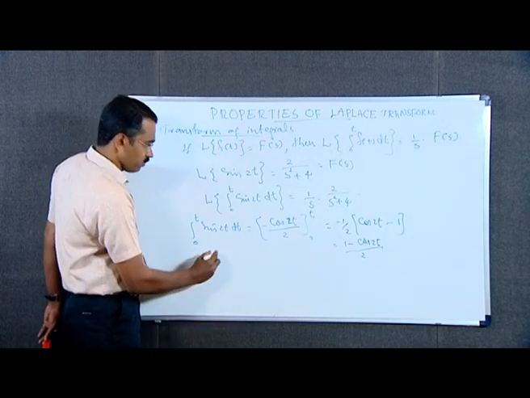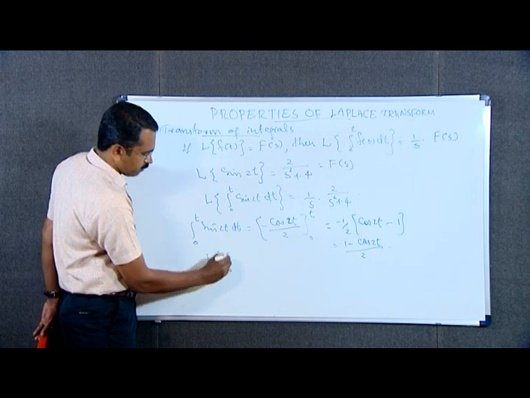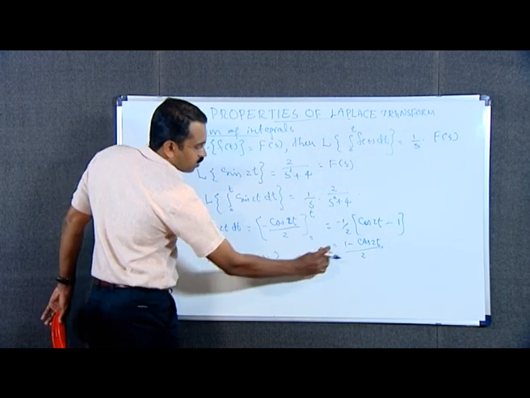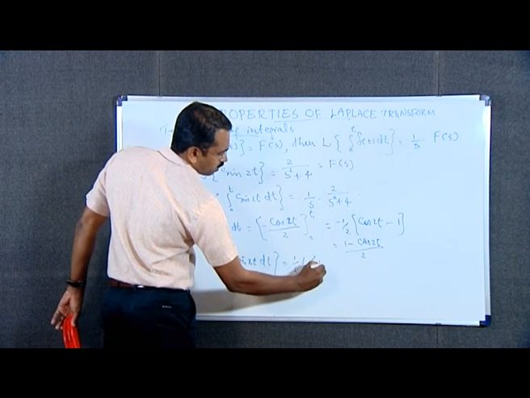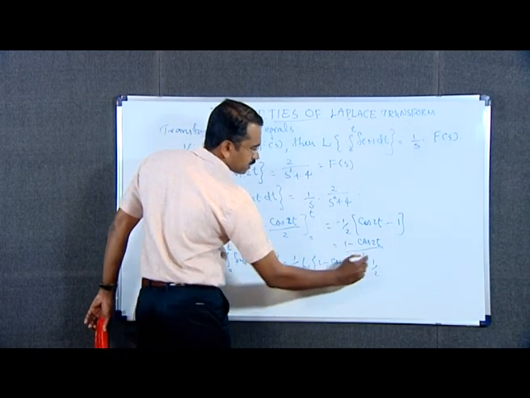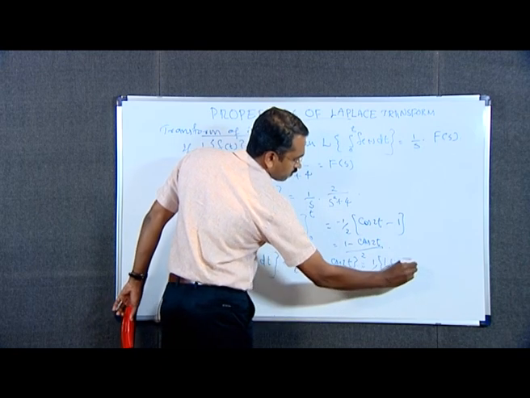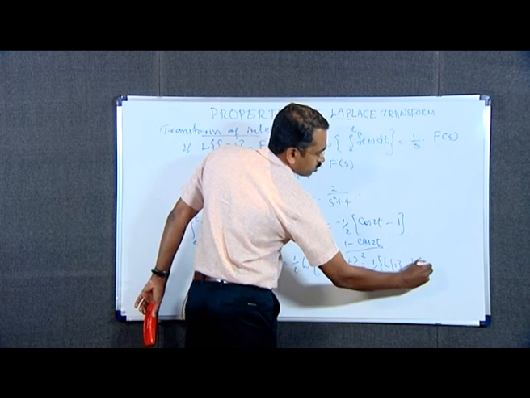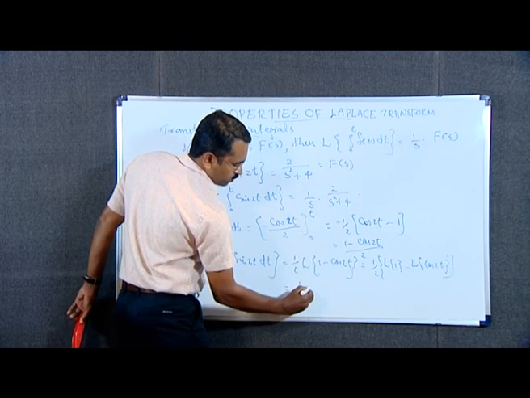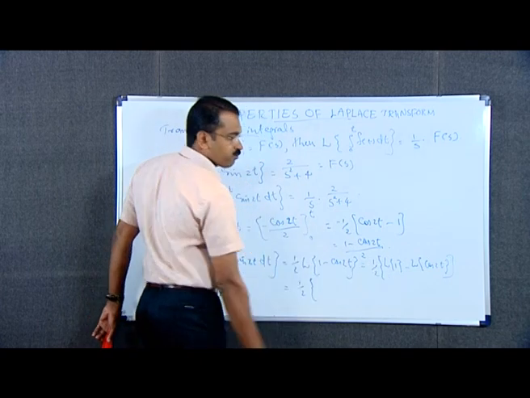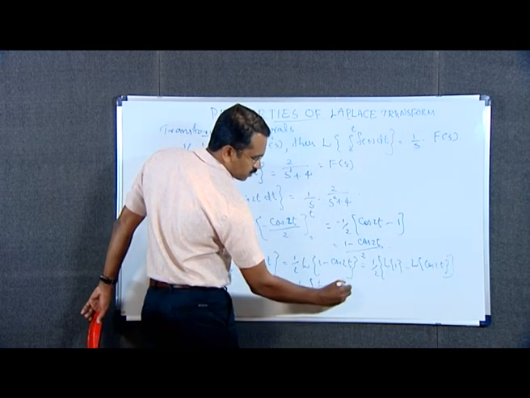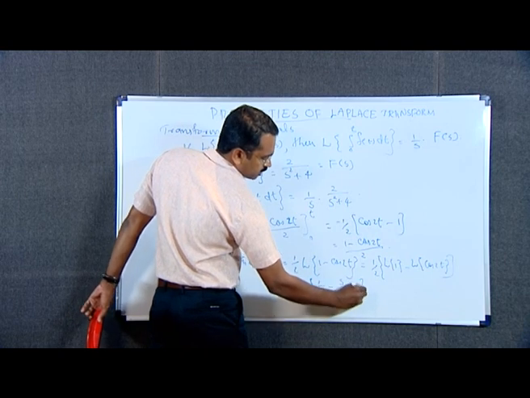Now we take the Laplace transform. The Laplace transform of the integral from 0 to t of sin 2t dt is equal to 1 by 2 into the Laplace transform of 1 minus cos 2t, which is equal to 1 by 2 into the Laplace transform of 1 minus the Laplace transform of cos 2t, which is equal to 1 by 2 into, the Laplace transform of 1 is 1 by s, minus the Laplace transform of cos 2t is s by s square plus 2 square, that is 4.